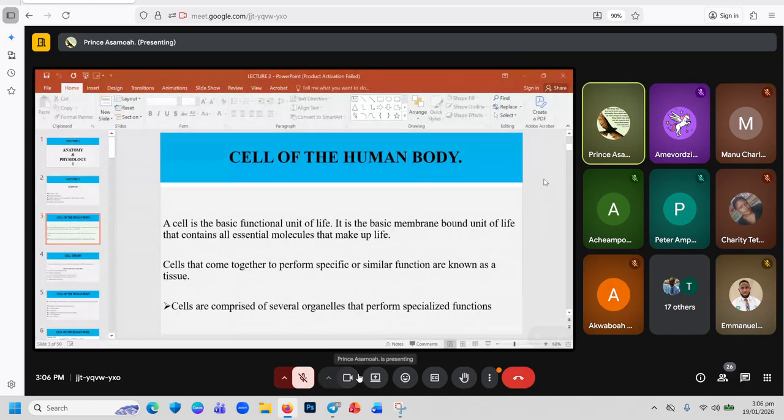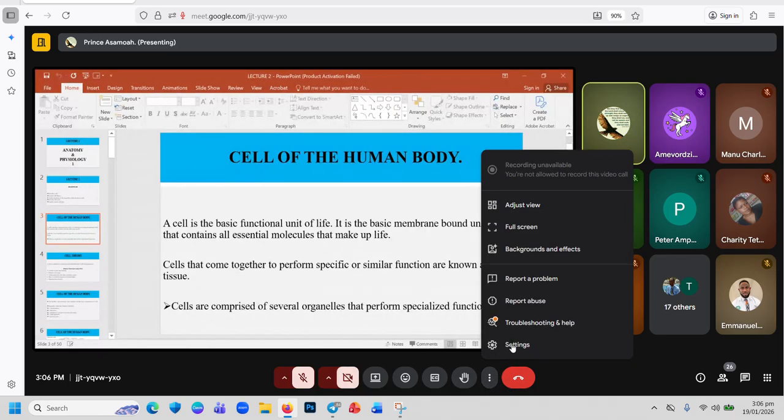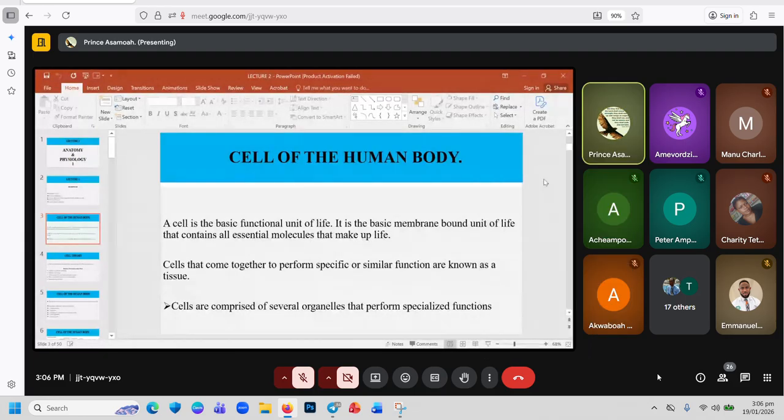Now, when cells come together to perform a similar or specific function, we call that group of cells a tissue. And then tissues may come together to form an organ, and it migrates upwards.